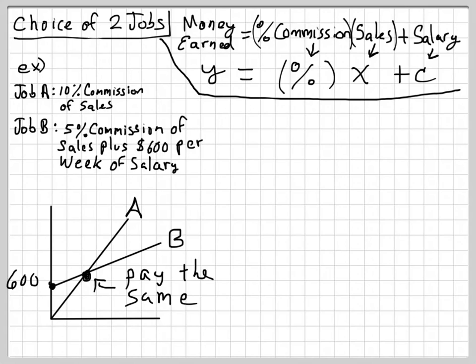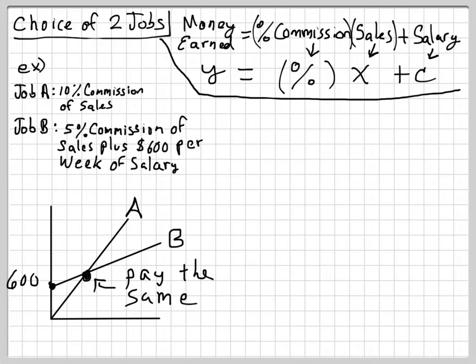Okay, so job A is a curve that starts at 0 and it rises up. The more you sell, the more you make. That's just pure commission. Now, job B, as indicated by the curve, doesn't start at 0.